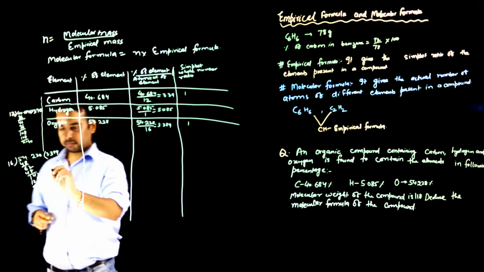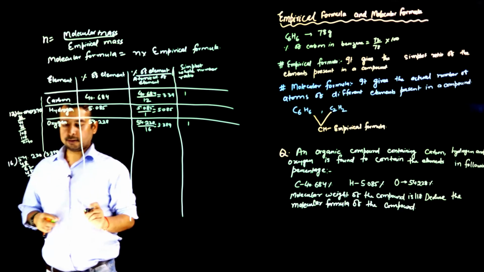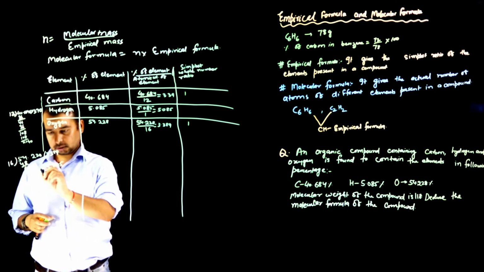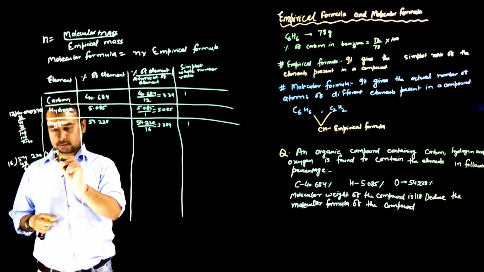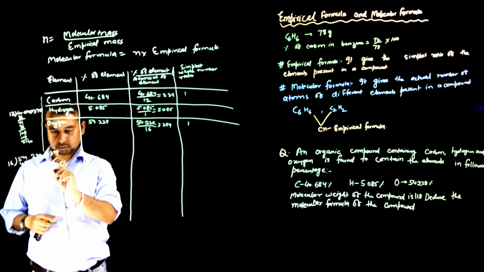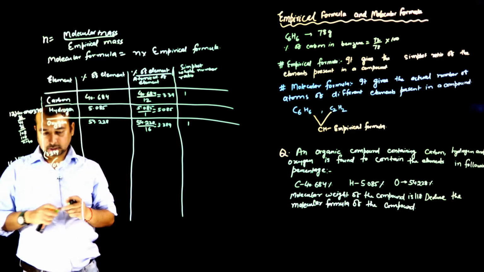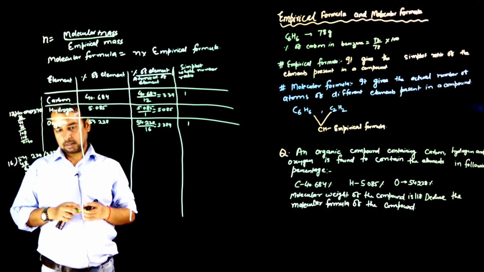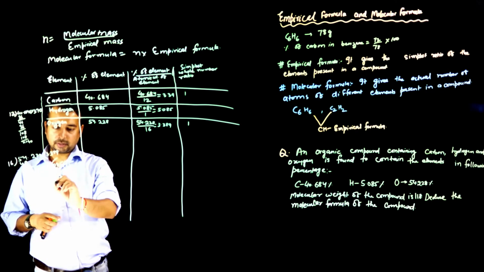Now 5.085 divided by 3.39 is around 1.5.